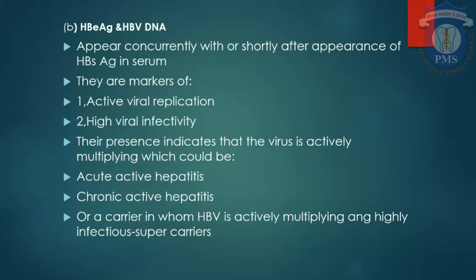These markers are present in a carrier in whom hepatitis B virus is actively multiplying and highly infectious, and these carriers are called super carriers. So the second marker we are detecting during this hepatitis B infection is hepatitis B precore antigen, which is denoted as HBe antigen, and hepatitis B virus DNA.